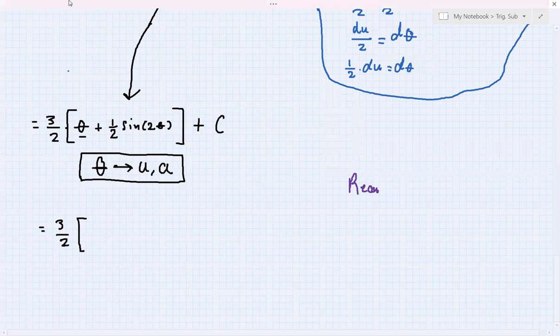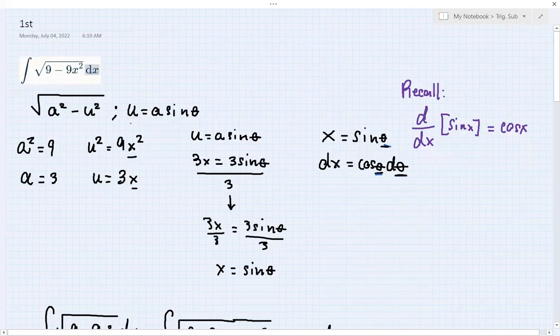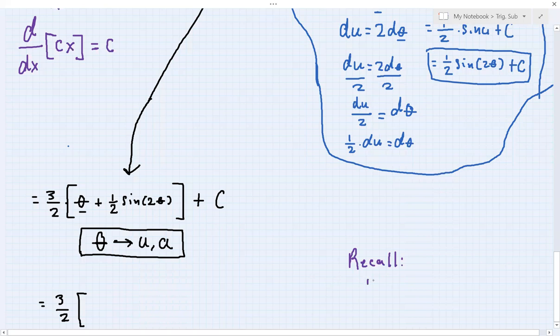Ayan. Recall natin na yung u natin is equal to a times sin theta, di ba? So, dito, u is equal to a times sin theta.